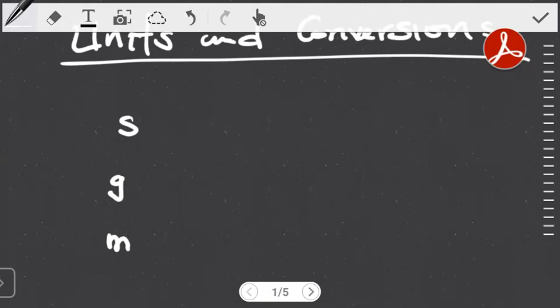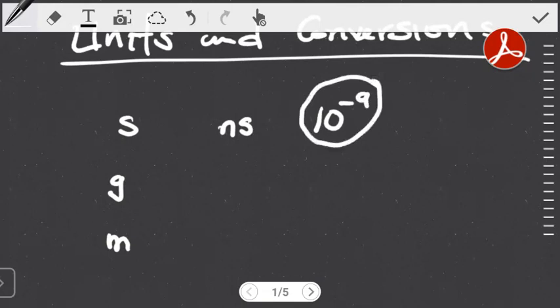So of course, think about if you have, let's say, the nano. Usually you use the symbol n for nano. So if it's time, it's going to be nanosecond. And in most cases, you want to associate that with 10 to the power negative 9, because nano kind of talks about 9. So what this represents is that if you have 1 nanosecond, then this is equivalent to 10 to the power negative 9 seconds.